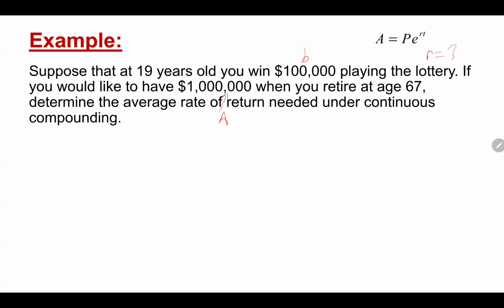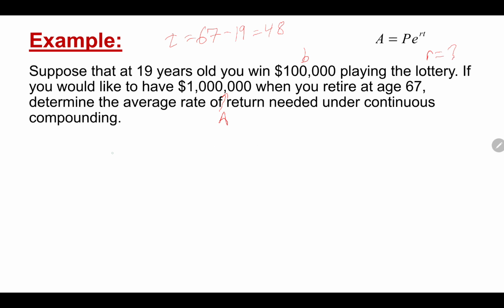But we know t. T is equal to, you want it when you retire at 67, and you minus the 19, so 67 minus 19 is 48. So t is 48. We're just plugging everything in.